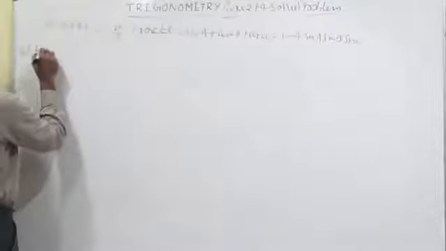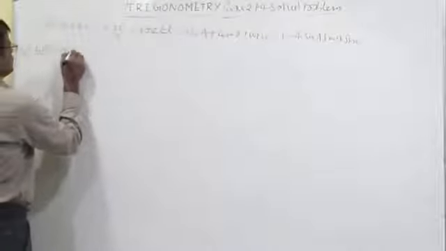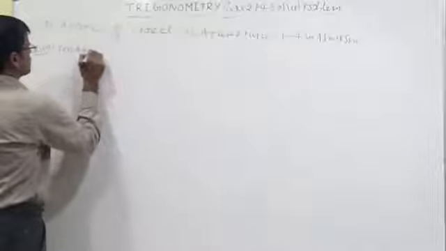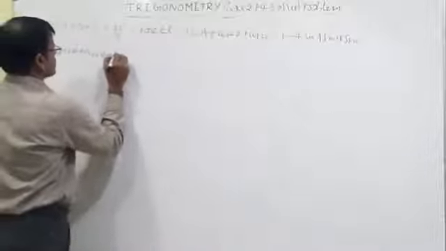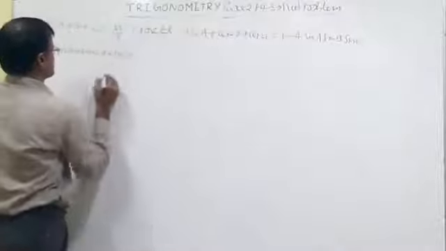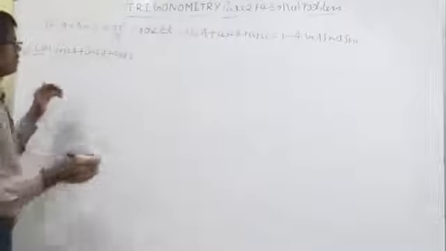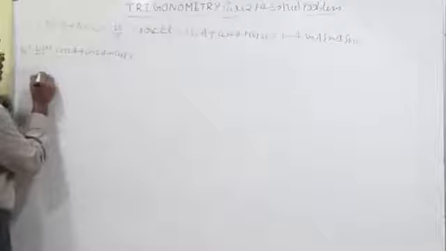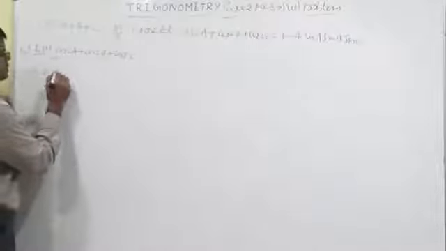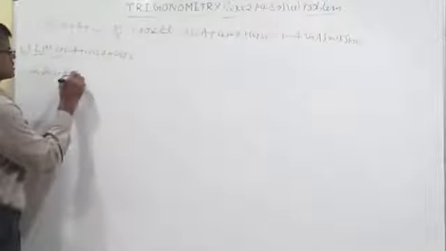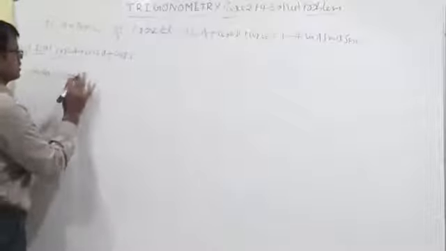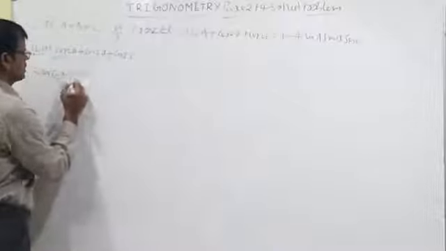Take LHS. LHS is here cos 2A plus cos 2B plus cos 2C. For the first two terms, apply the formula for cos C plus cos D, which is 2 cos of (C plus D) by 2 into cos of (C minus D) by 2.